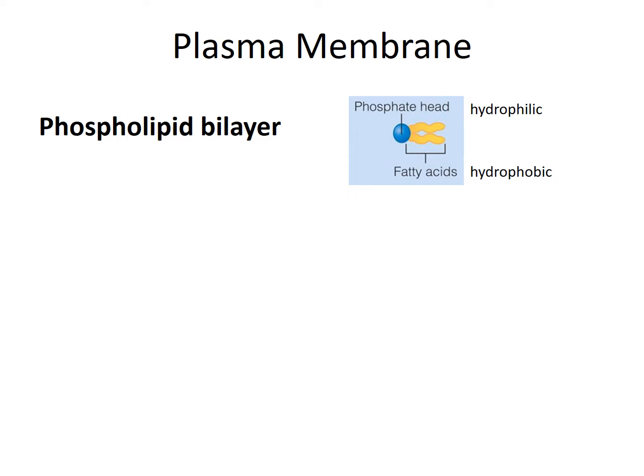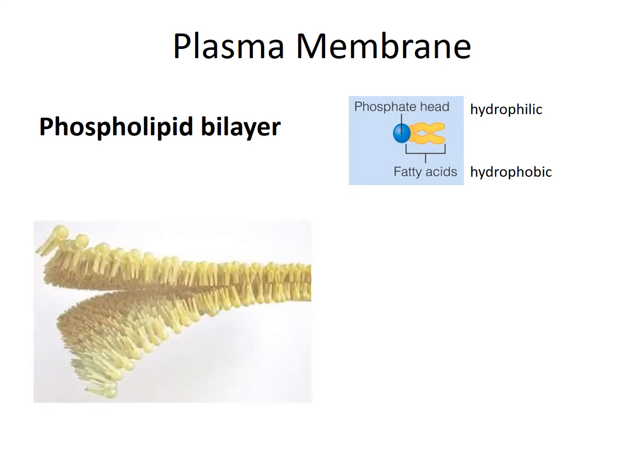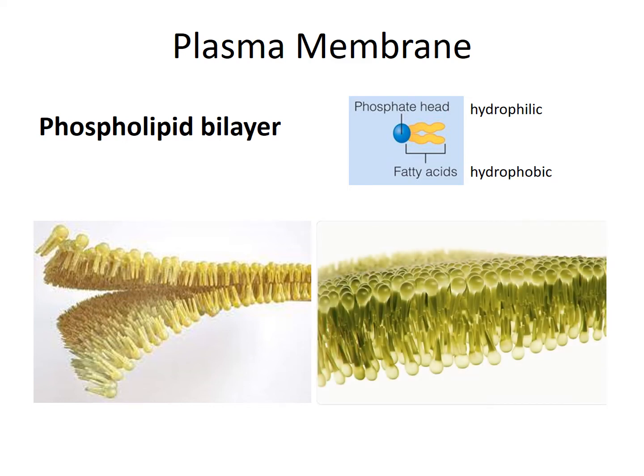Let's imagine dumping a bunch of phospholipids into a bucket of water. They will arrange themselves in this way because their hydrophobic tails will be repelled by the water. What they will form is a bilayer in which the hydrophobic tails are touching each other, leaving the hydrophilic heads on the outsides.